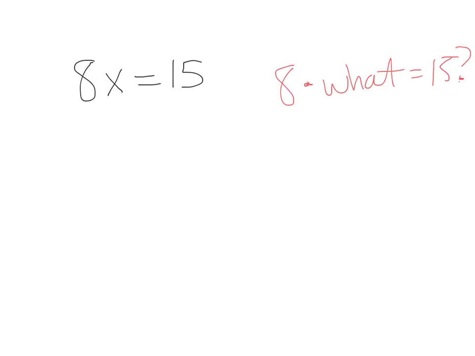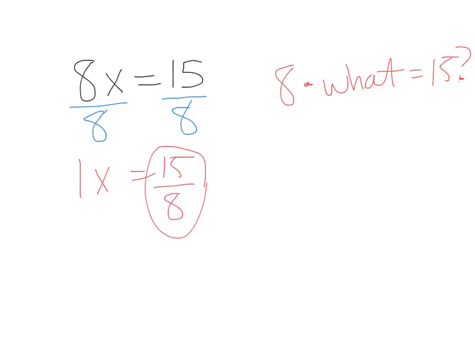I know it's close to 2 because I know 8 times 2 is 16, but I don't know. So the way I'm going to figure this out is I'm going to divide both sides by 8. Because on this side, 8 divided by 8 is just 1. So over here I have 1x. And 15 divided by 8 is 15 divided by 8. Right? So this is my answer, this nice fraction. Okay?